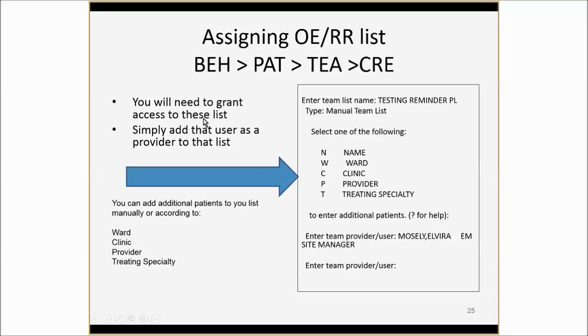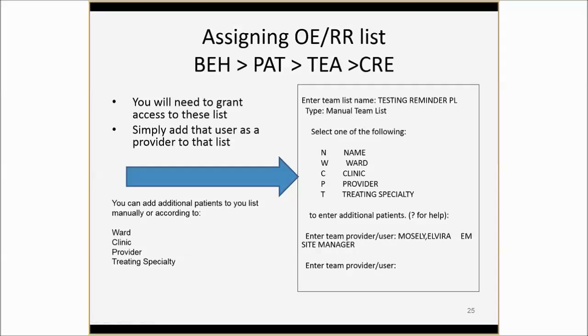Once you bring it over there, you have to give it to the user so that way it shows up in EHR. You can also add more patients, or you can add a clinic here, and it will add additional patients from a clinic.